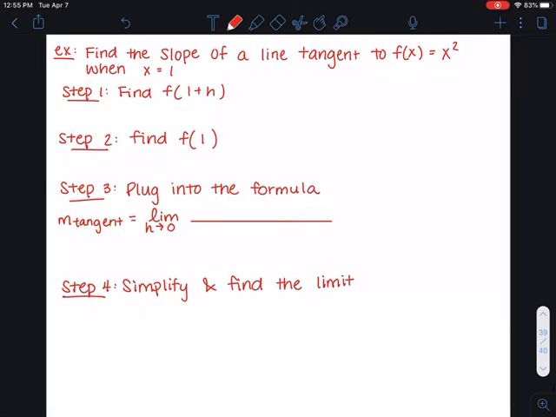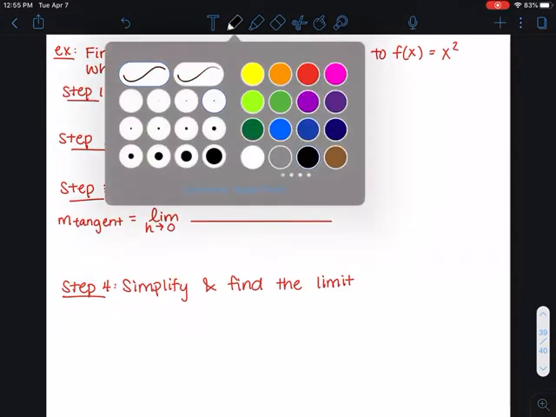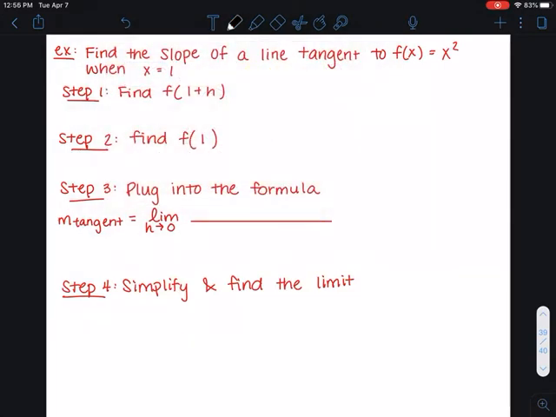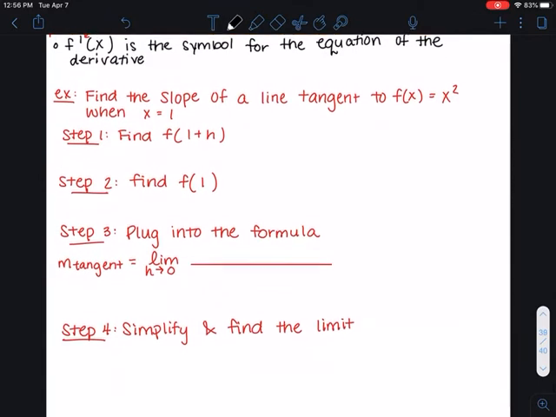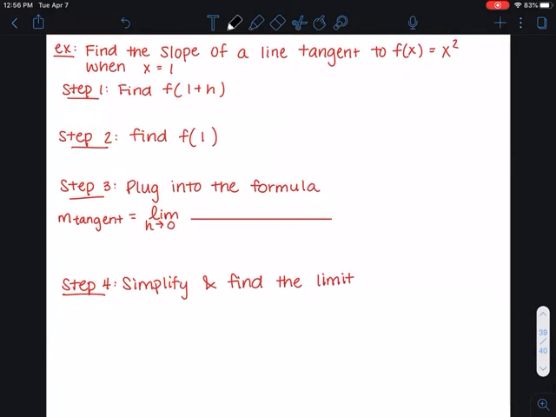The example says find the slope of a line tangent to f of x equals x squared when x is equal to 1. First and foremost, I want you to find f of 1 plus h. Again, I'm using this formula here because I find it easier, and I think it'd be easier for you all as well. It's the same thing, same steps, but instead of seeing all this delta x, it just makes it h.